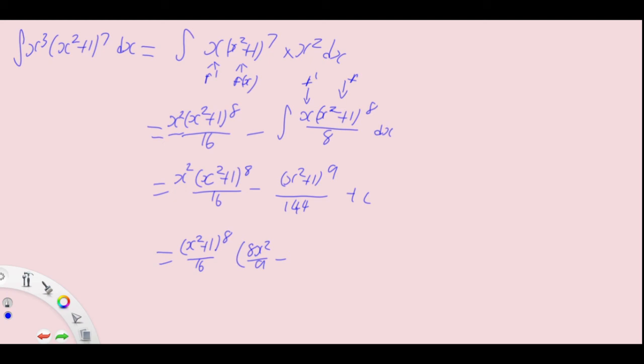I'm not sure. Let's see. I get x squared plus 1 to the power 8 over 144, times 8x squared minus 1, plus c. So I think I'm correct. There was a little hiccup there, but I'm actually correct at first. Why did I doubt myself?